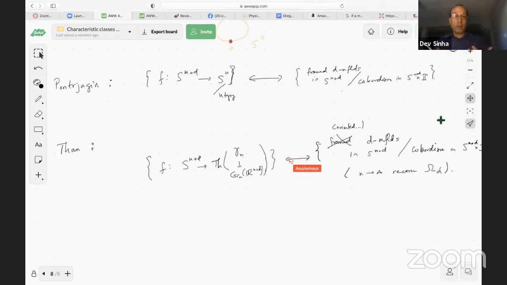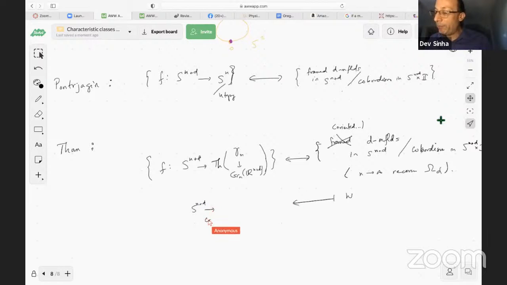The proof relies on the fact that the normal bundle, you take your W, and you define a map from S^{n+D}.